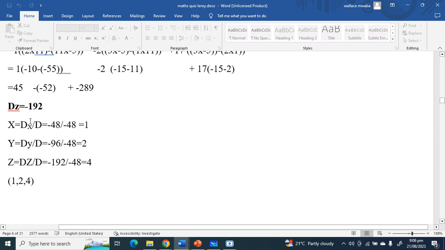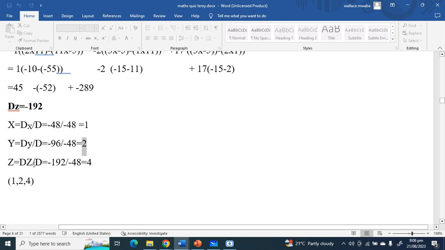So after you found your dz, dy, and dx, to find the value of x, dx divided by d, the overall determinant. Our overall determinant was negative 48. Negative 48 divided by negative 48, that is 1. dy divided by d is negative 96 divided by negative 48, that gives you 2.